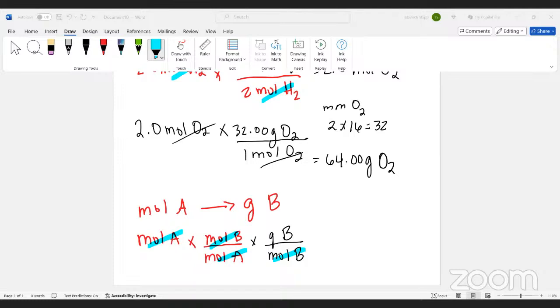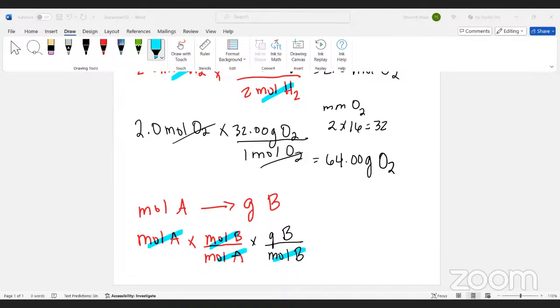All right. So now I know you wanted to know about theoretical yield. So let me go ahead and find one of those also for you. Theoretical yield is related to this topic as well.